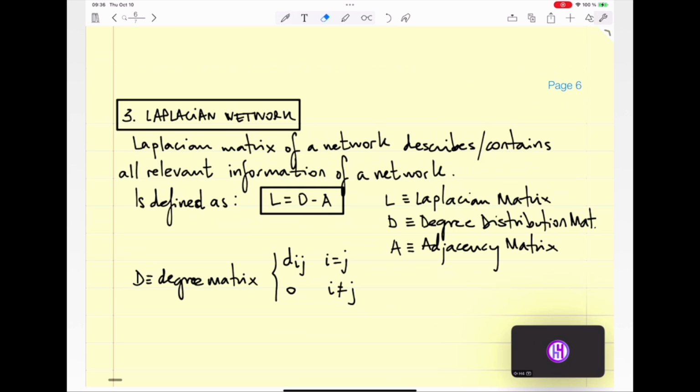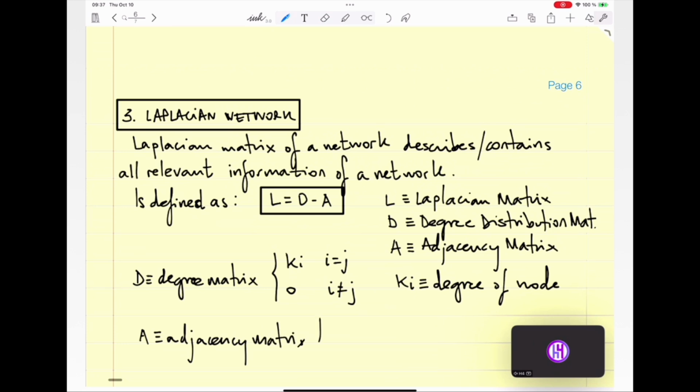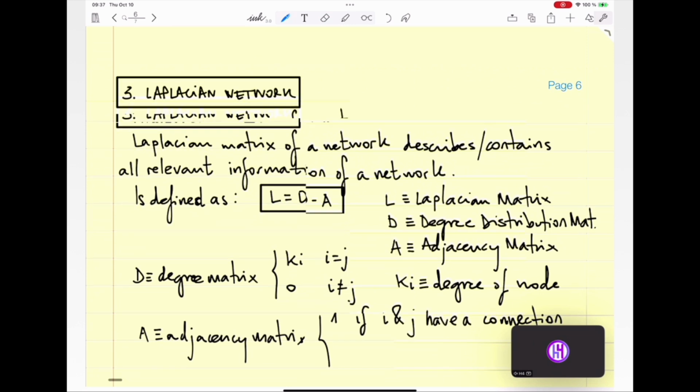And A is the adjacency matrix. It has a 1 if i and j have a connection, and a 0 otherwise.